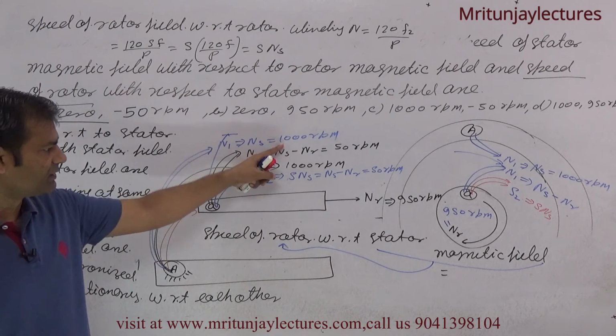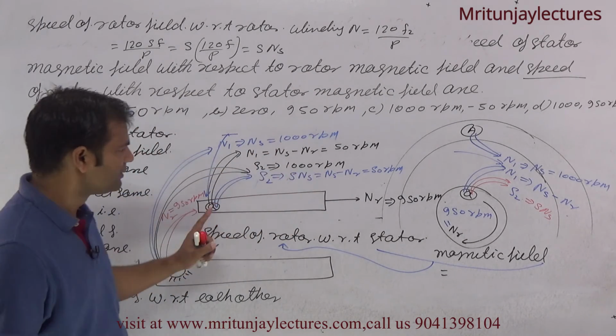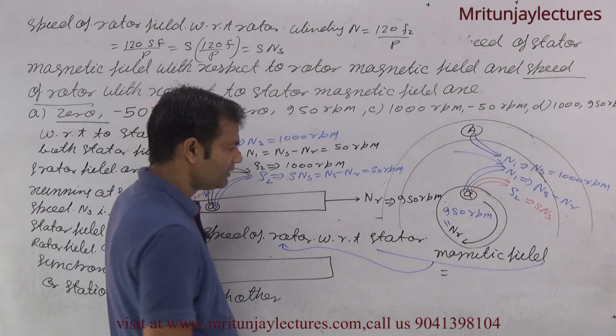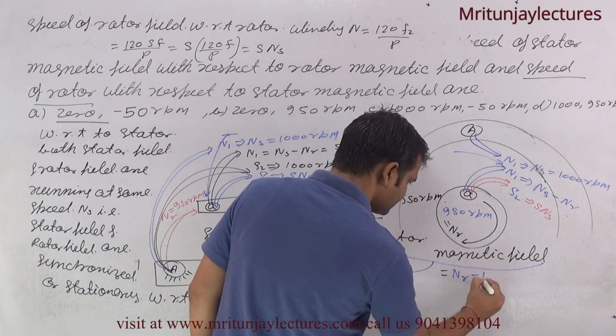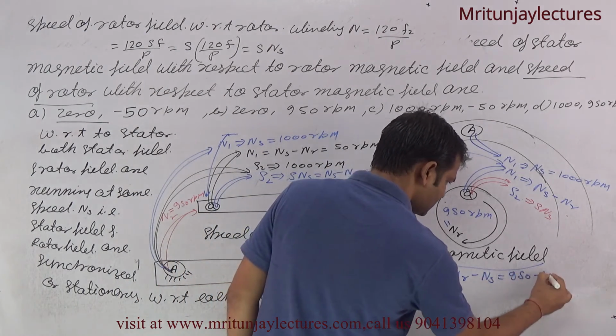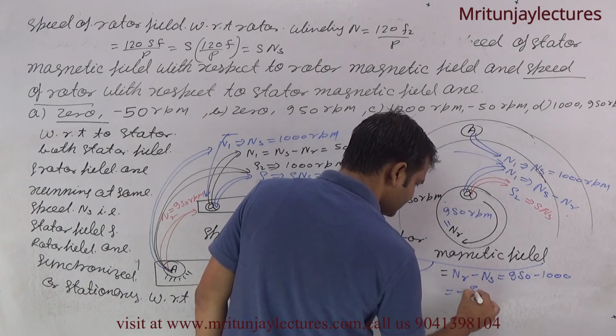This one is 1000 and this one is 950, so it is written as NR minus NS. That is 950 minus 1000, that is minus 50 RPM.